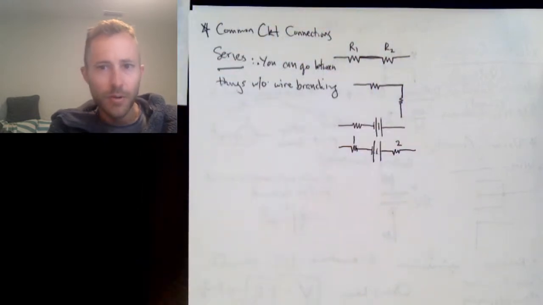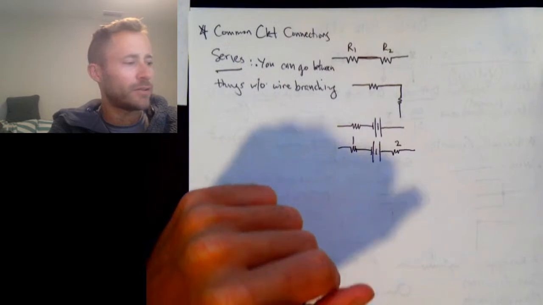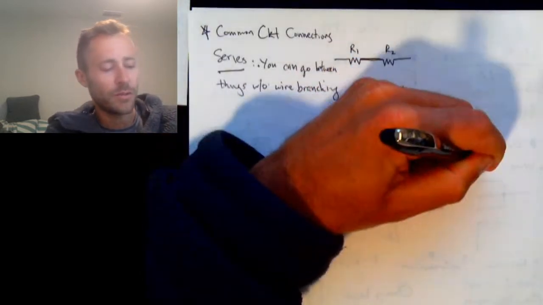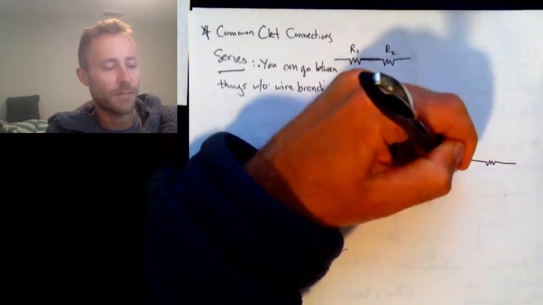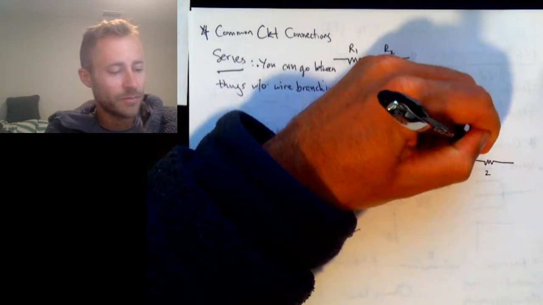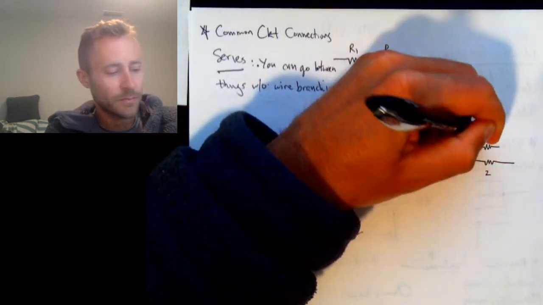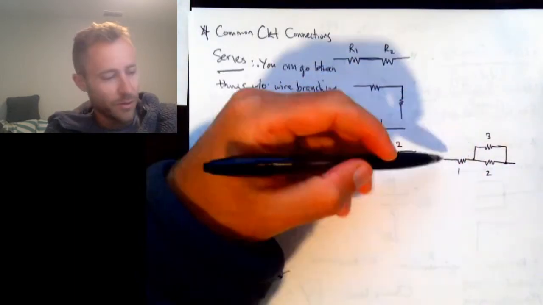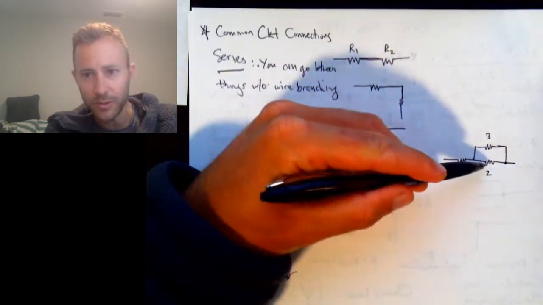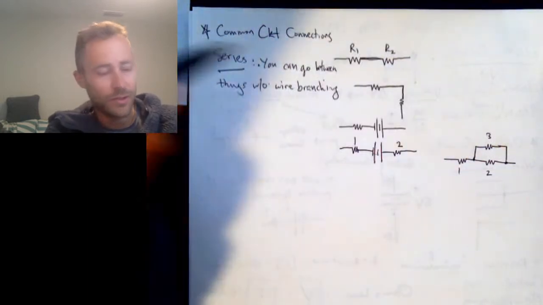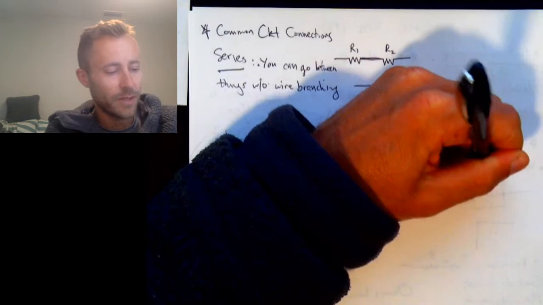But let me show you something that is not series. If you had resistor 1, resistor 2, like that, and then the wire branches, see how we can't go from resistor 1 to resistor 2 without this branch occurring. So this is not series anymore.